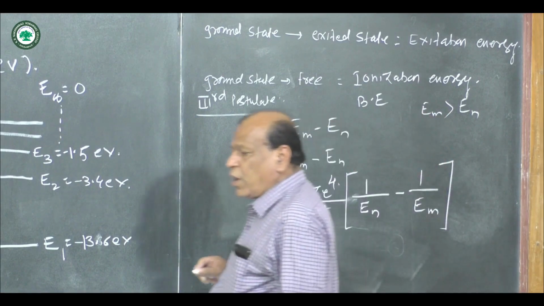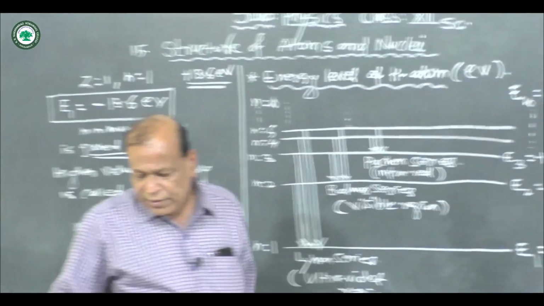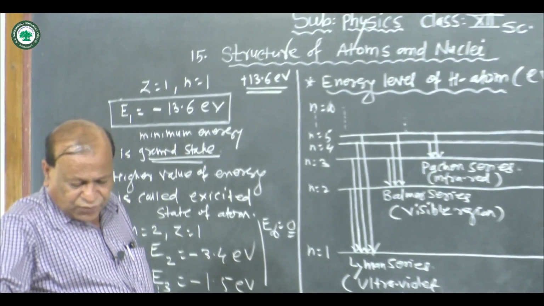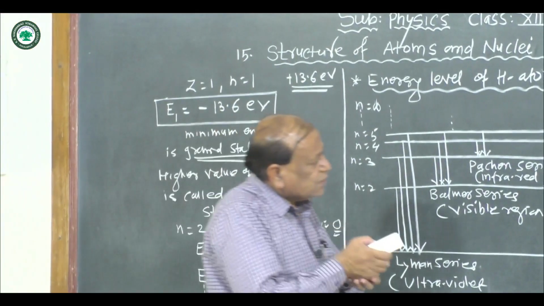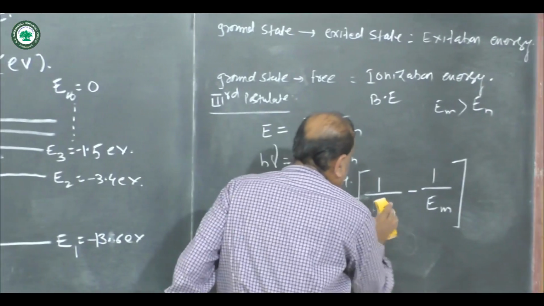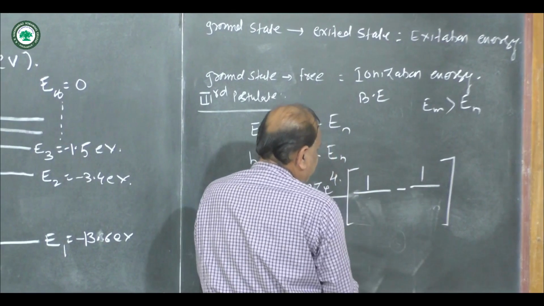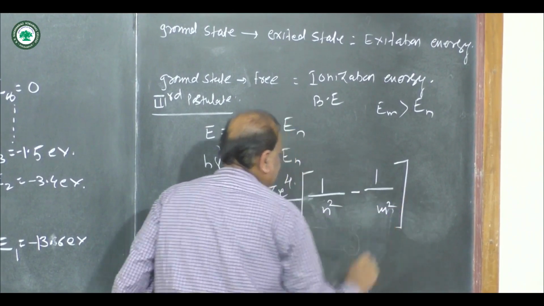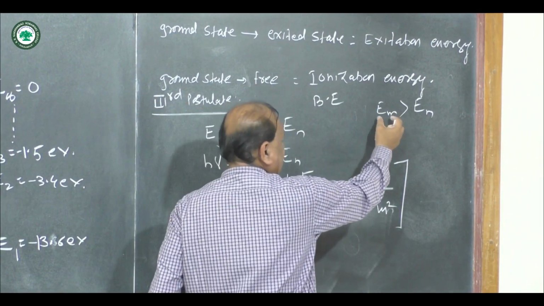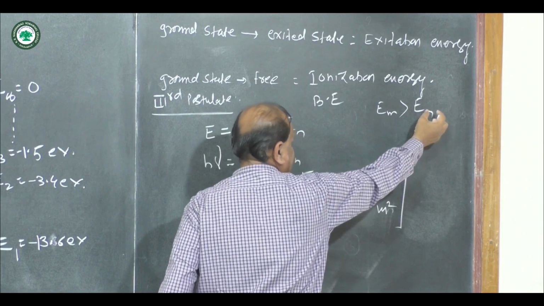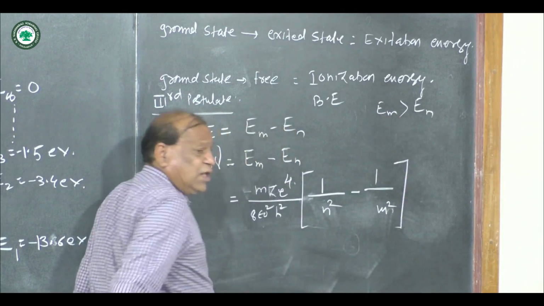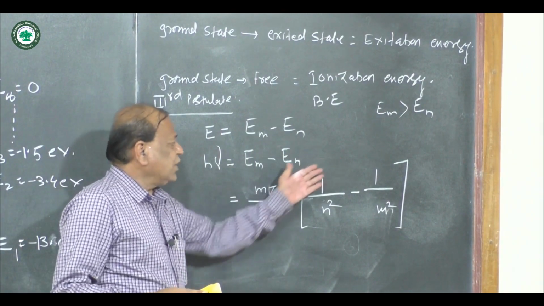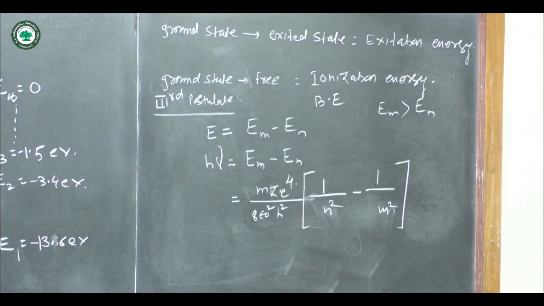How does that value come here? By putting the values of the energies of the nth orbit and the mth orbit, with n square and m square, and taking the constant term outside the bracket, we get this equation.